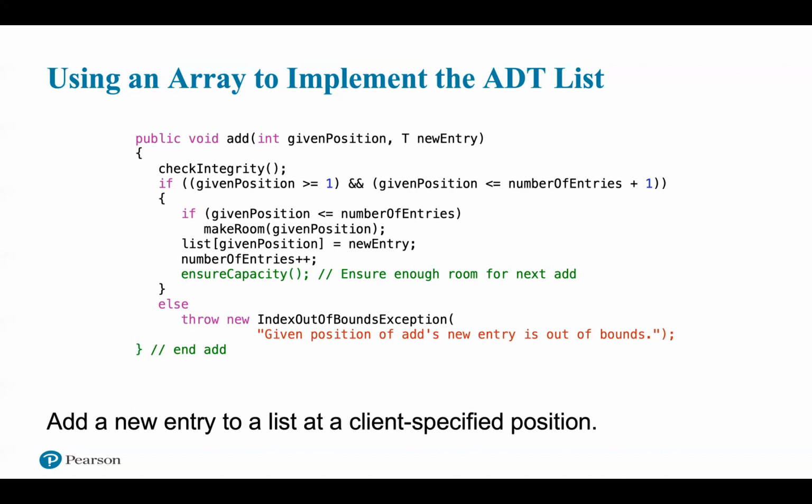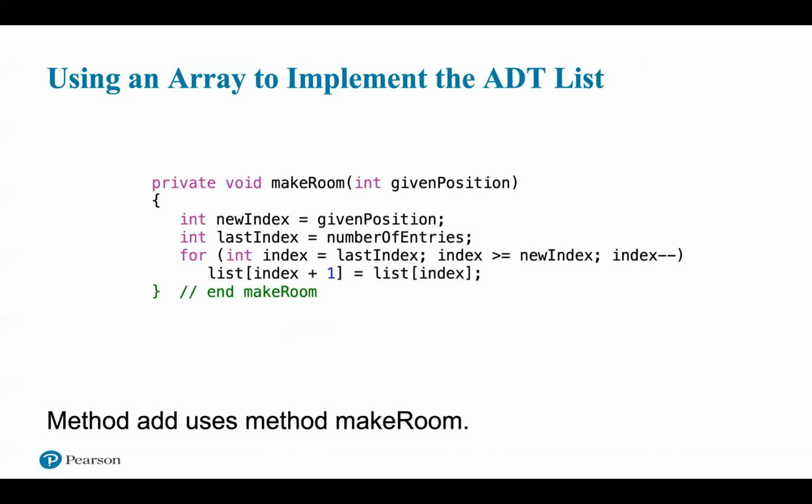So adding to a list at a given position, the second add method adds a new entry to the list at a client-defined position. And we can remember what we talked about in segment 11.8 for that. So here is the last method that we'll talk about.